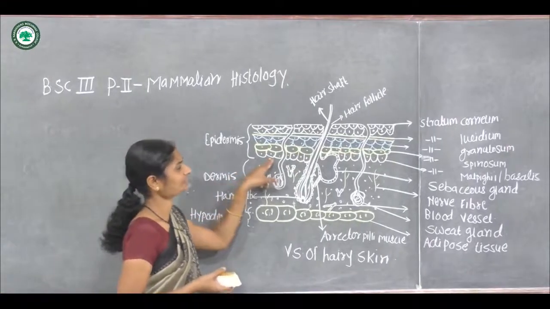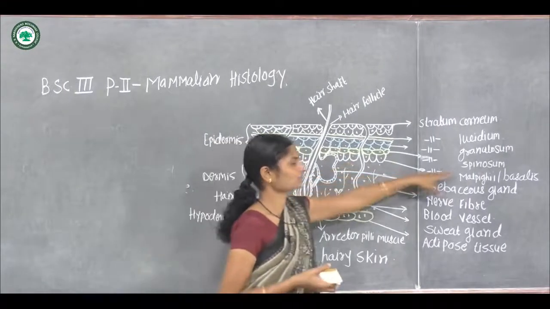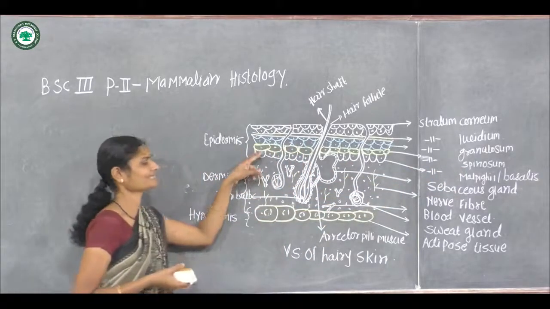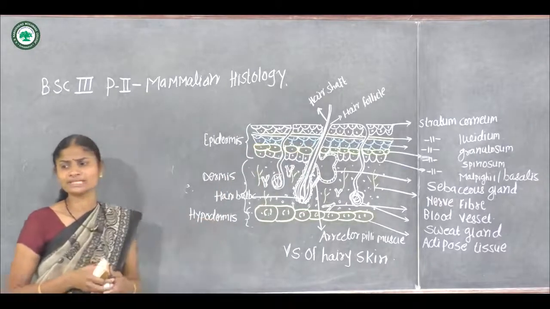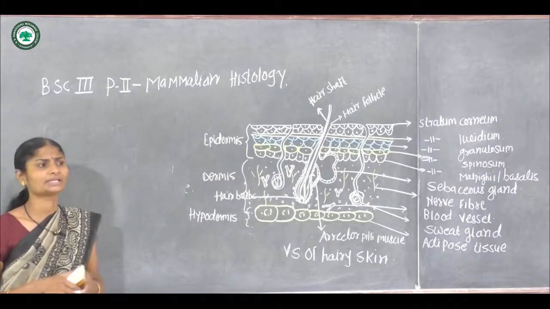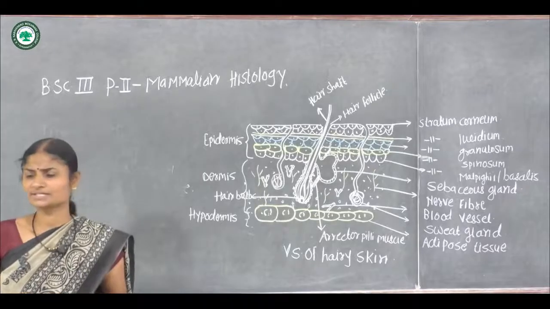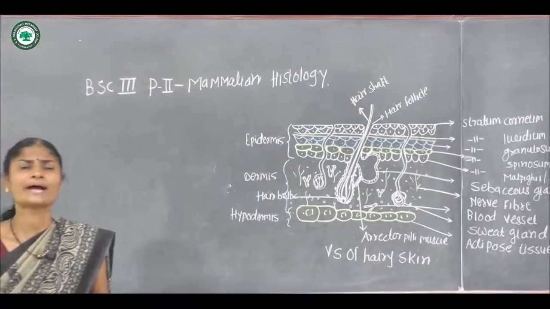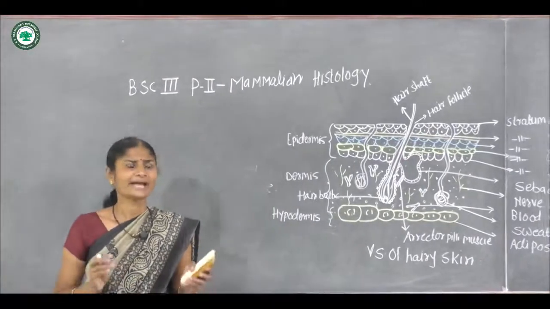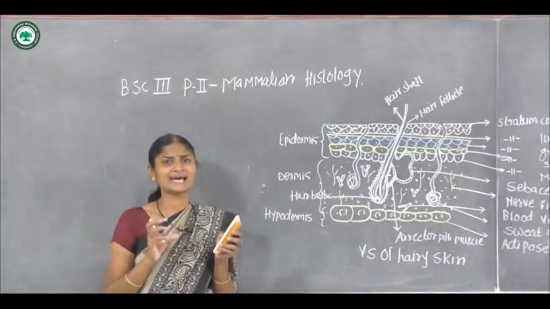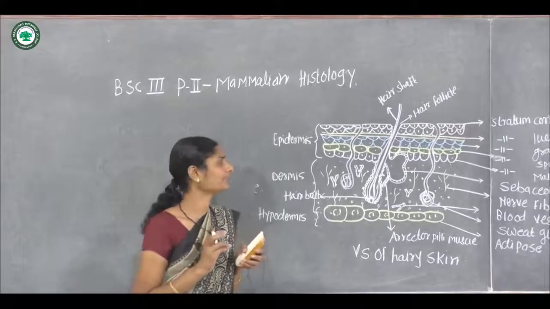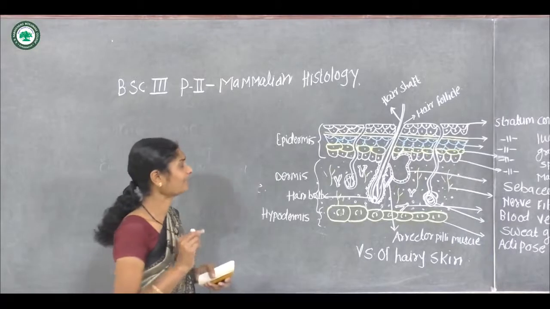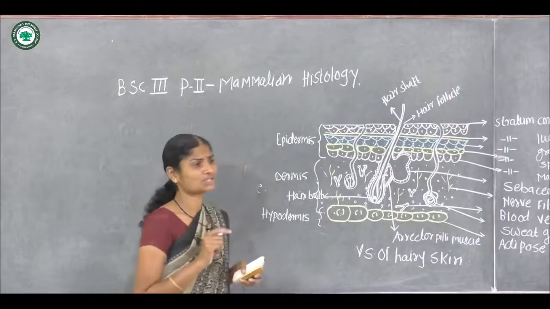Next layer is the stratum spinosum. In this layer, cells are closely packed with each other with the help of desmosomes, and the desmosomes appear as spine-like structures.